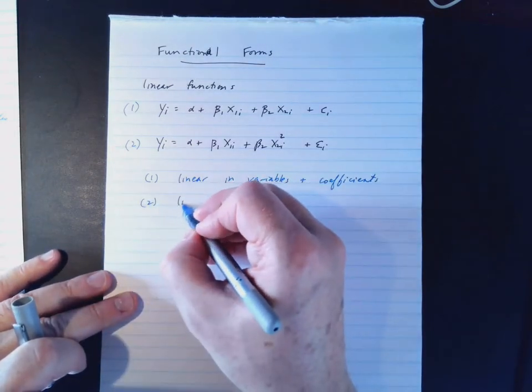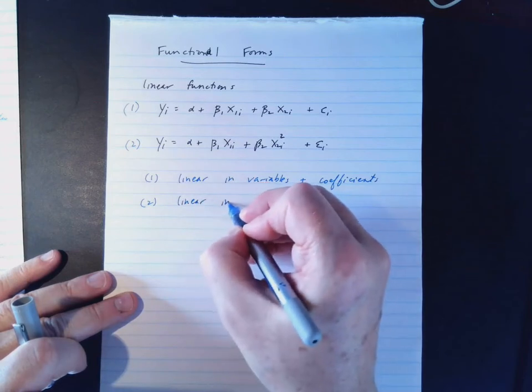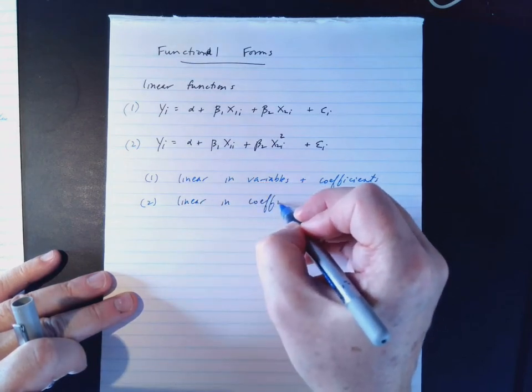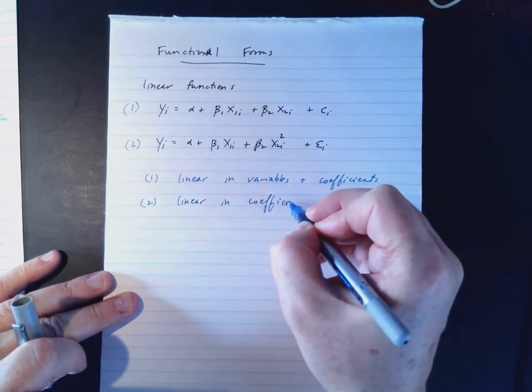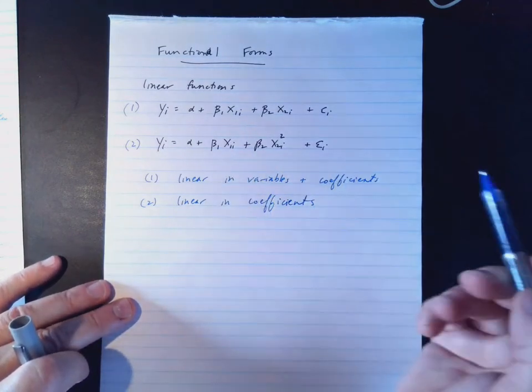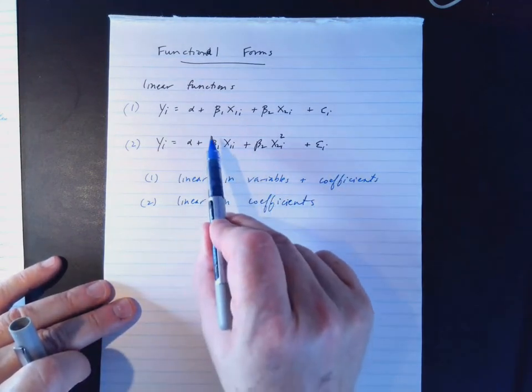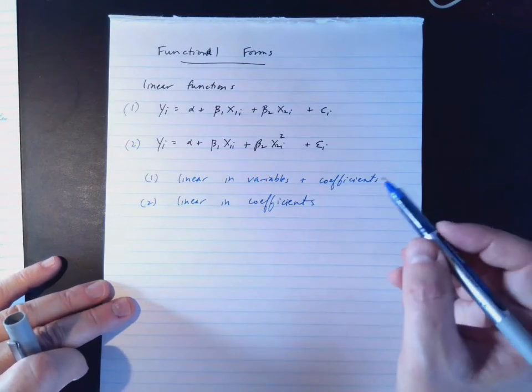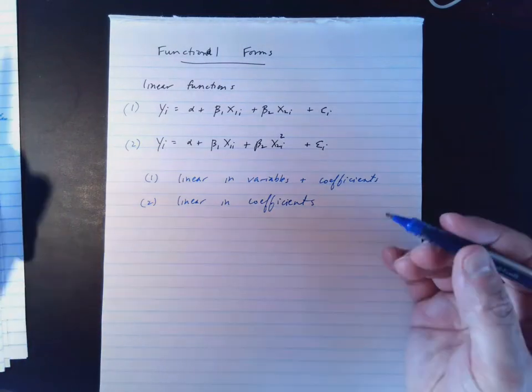Equation 2 is linear in the coefficients. So the betas enter linearly, no exponent on the betas. We can use linear regression for both of these.